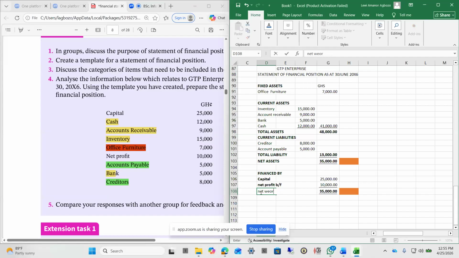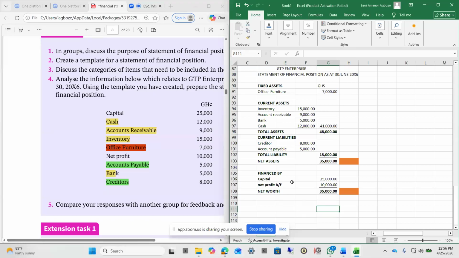How much net worth does the company have?